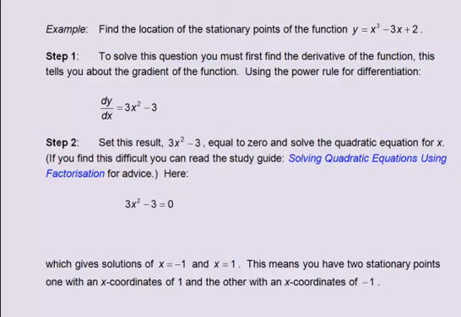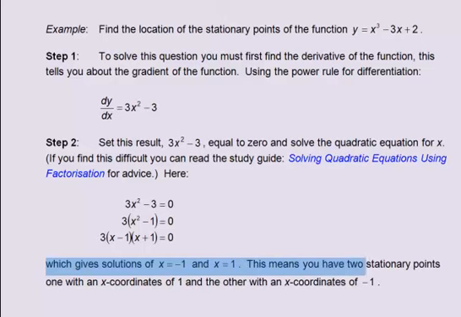The left hand side has a factor of 3. So 3 multiplied by x squared minus 1 equals 0. The quadratic in the bracket is the difference of two squares, and so 3 multiplied by x minus 1 multiplied by x plus 1 equals 0, which gives solutions of x equals minus 1 and x equals 1.